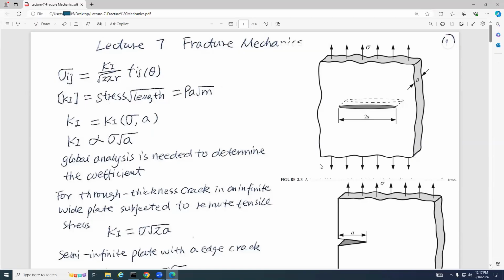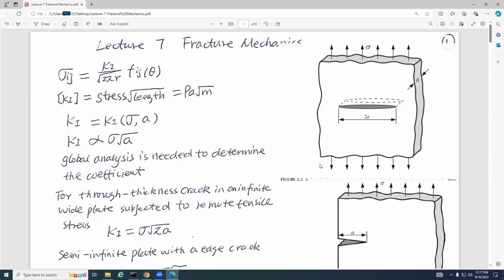What exactly the coefficient is depends upon the configuration of your specimen. We're going to talk about this. For example, for a through-thickness crack in an infinite plate subject to remote tensile stress, practically it's impossible, but theoretically it is.